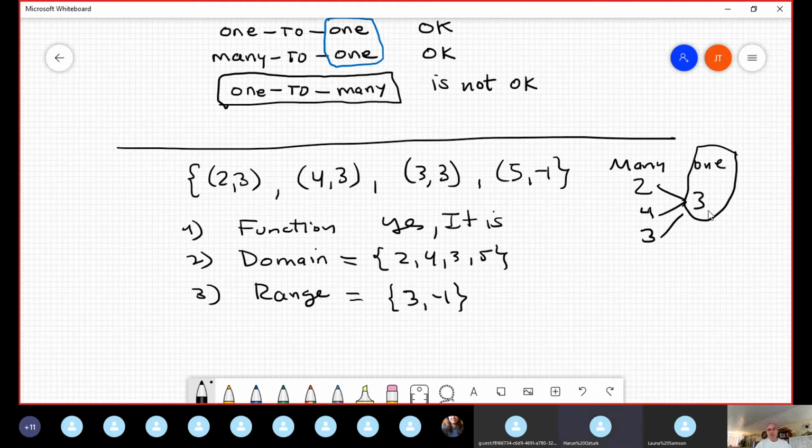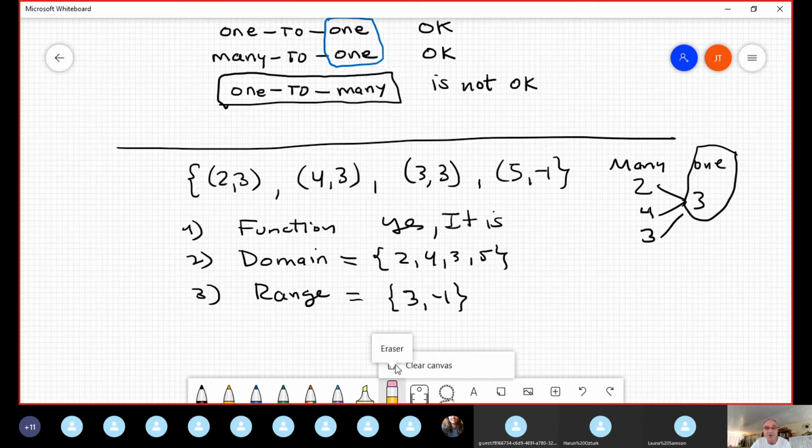The definition of the function, identification of the function. One kind of identification is when we have the set written as ordered pairs. It's easy, elementary. However, sometimes you need to identify the function in a more complicated environment.